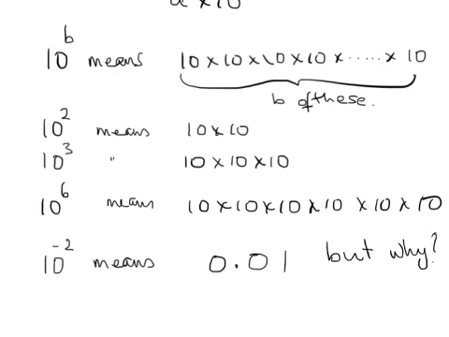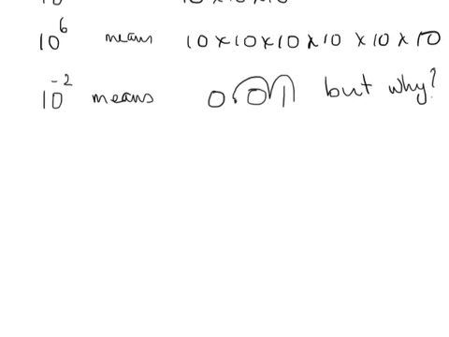Well, the reason is because 10 to the minus 2 means move the decimal point twice. 1, 2. So we can write some more examples of some numbers in standard form.